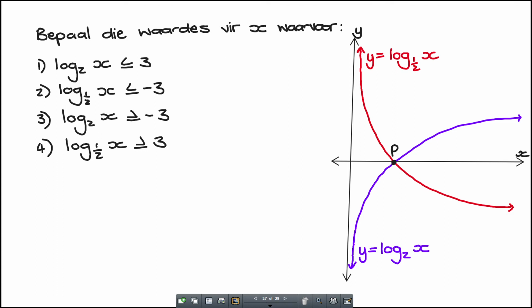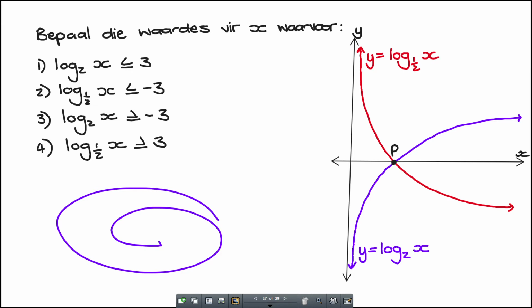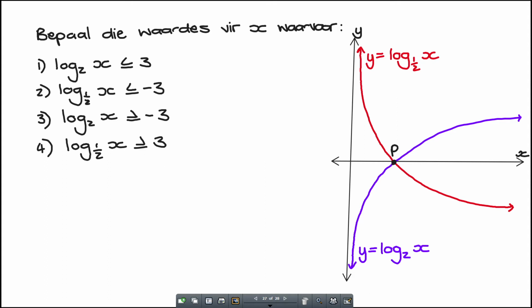Okay, good. Now let's have a quick look. Number 1, because I'm going to explain down here and then write the answer next to it every time. Okay, good. So, number 1, I say log 2x is less than and equal to 3. So, first things first, determine which graph I'm working with. I am working with this purple one, because it is log 2x.